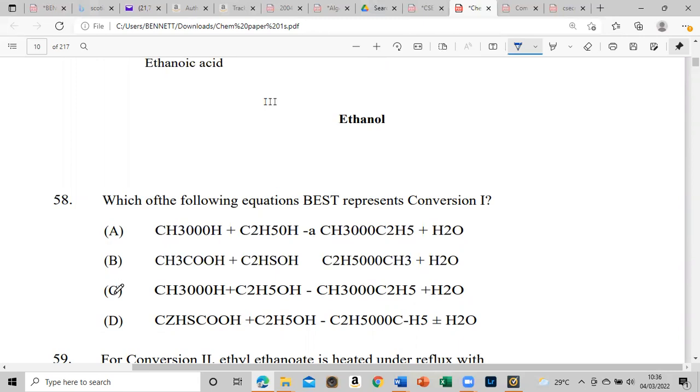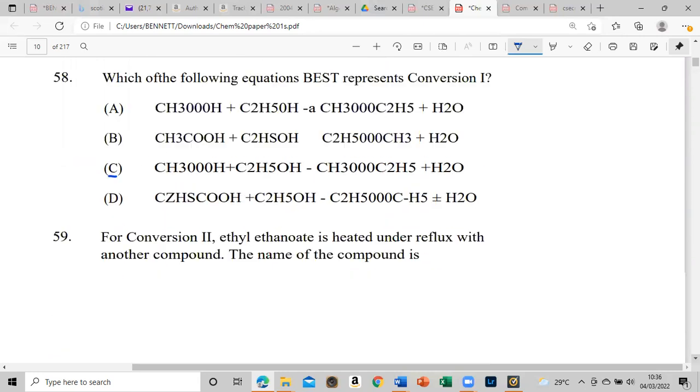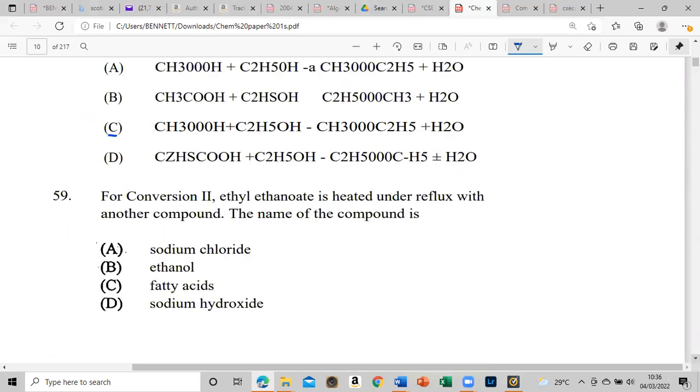And that 58 would be C. 59 now. In conversion 2, ethanol is heated under reflux with another compound. The name of the compound is, and that would be sodium hydroxide.